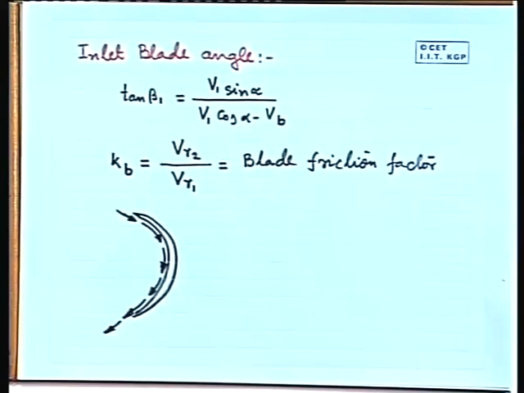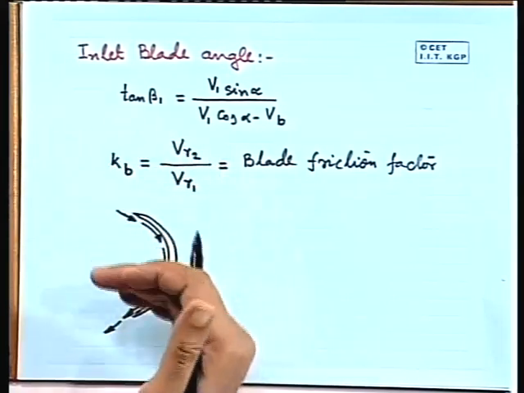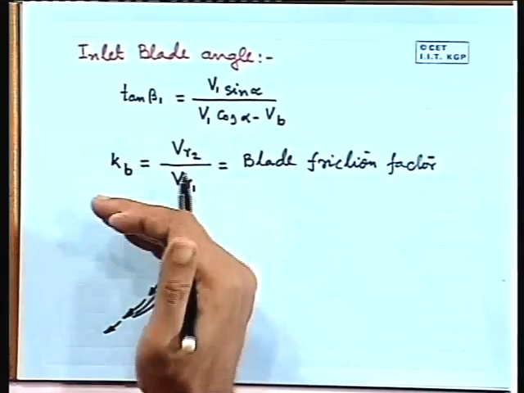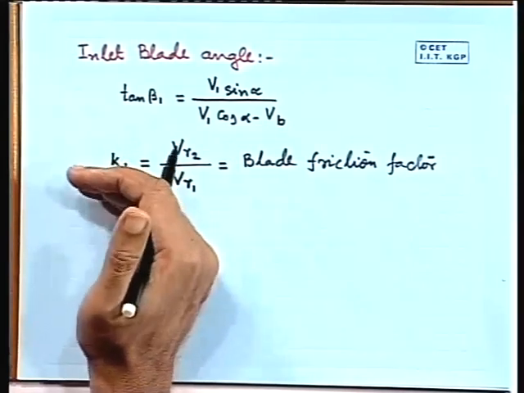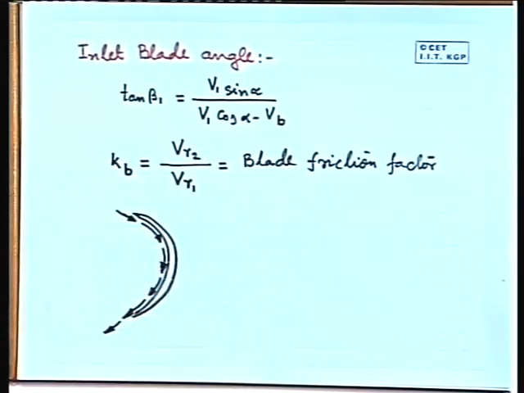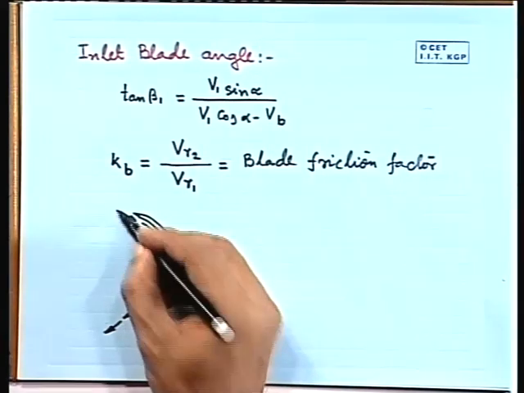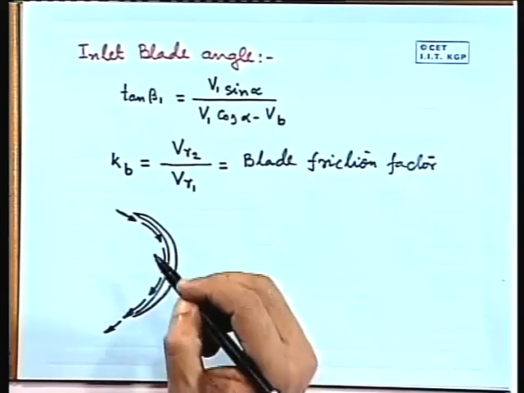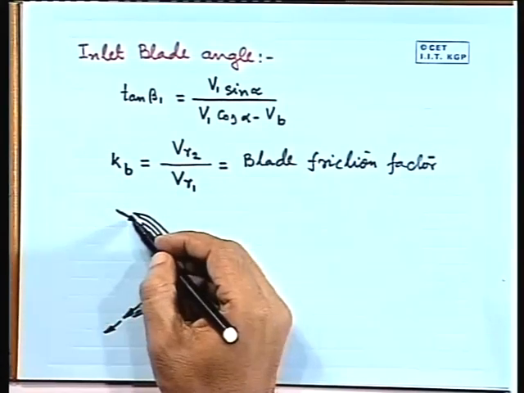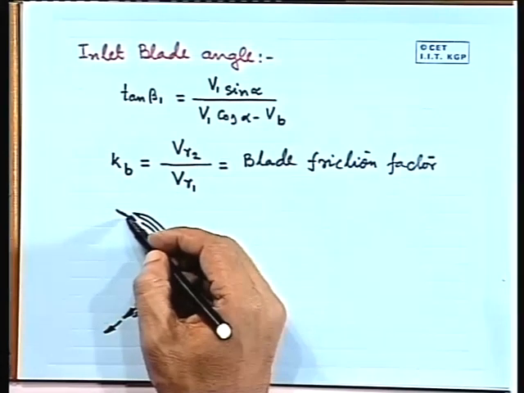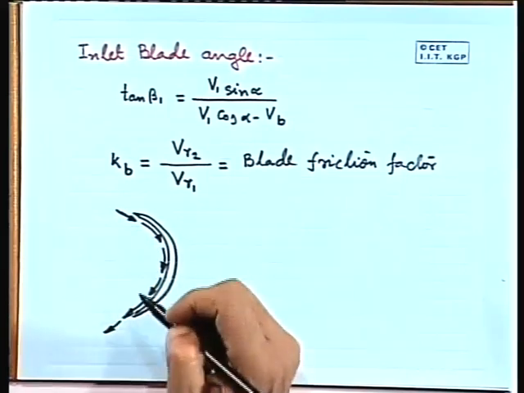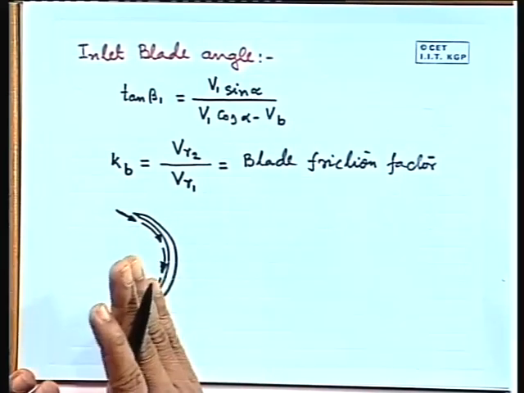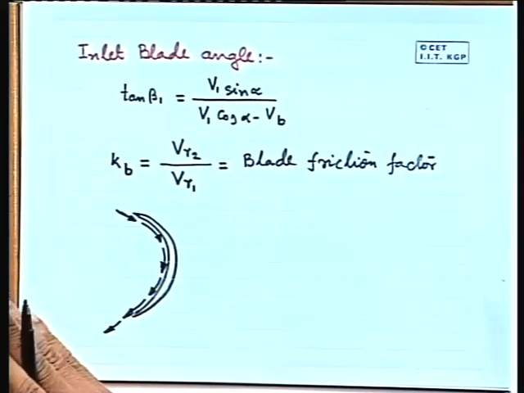Now, this is a cross section of the blade. Steam is entering like this, it is a horizontal plane and steam is going out like this. Now, if steam is entering like this and going out like this, and I have told in impulse blading there is no change in pressure.